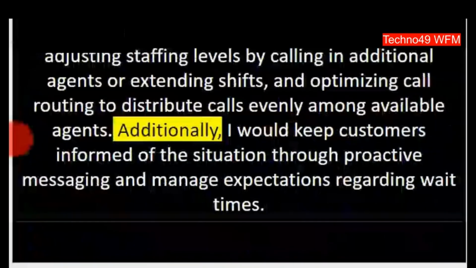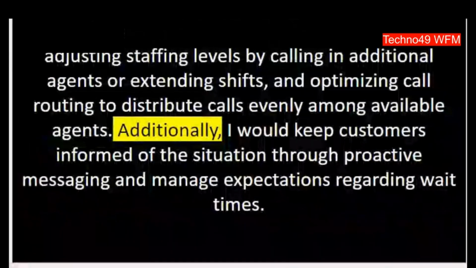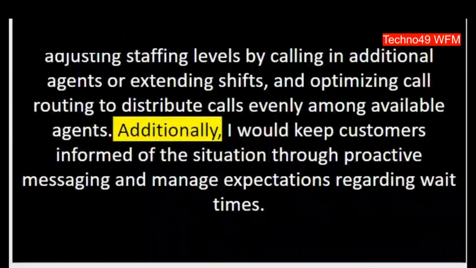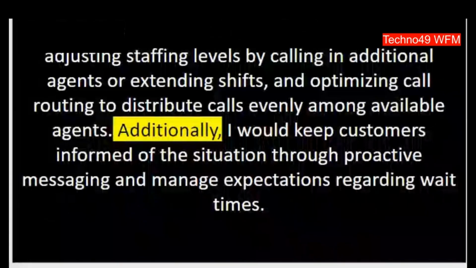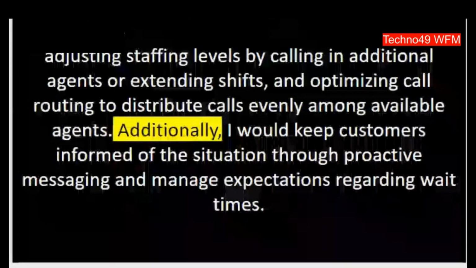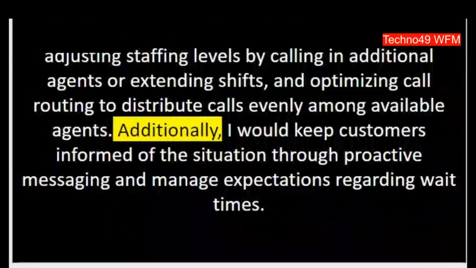Apart from that, you can also have a message on the IVR that there is a high call volume, so please try to call us after 1 hour or 2 hours. This kind of step will definitely help to release the tension from the agents, because the agents will be hesitant to take back-to-back calls. So these are the steps you can take in order to manage the high call volume in the call center.